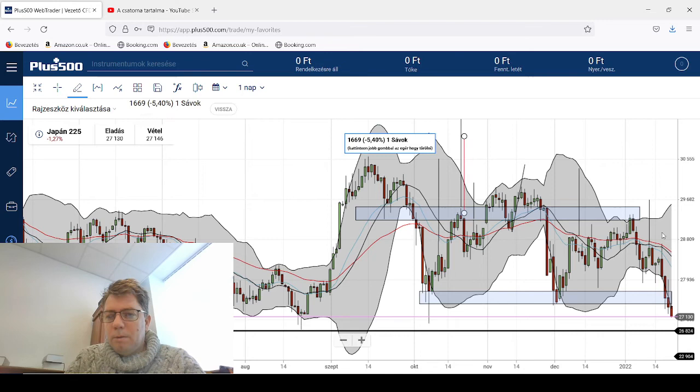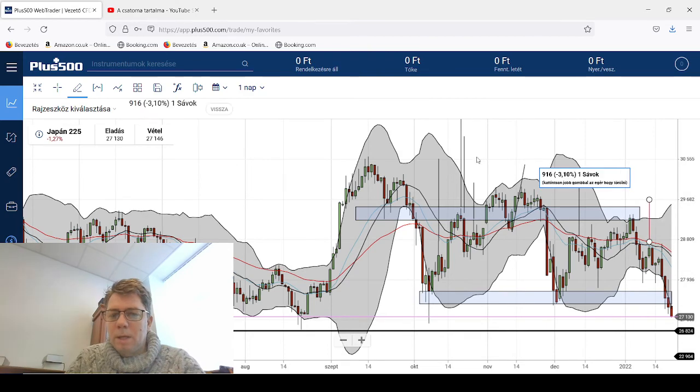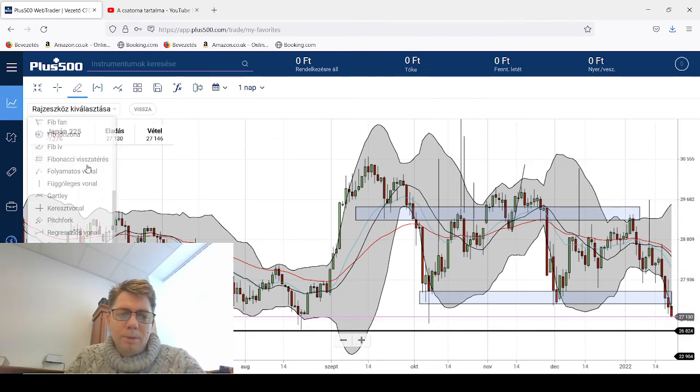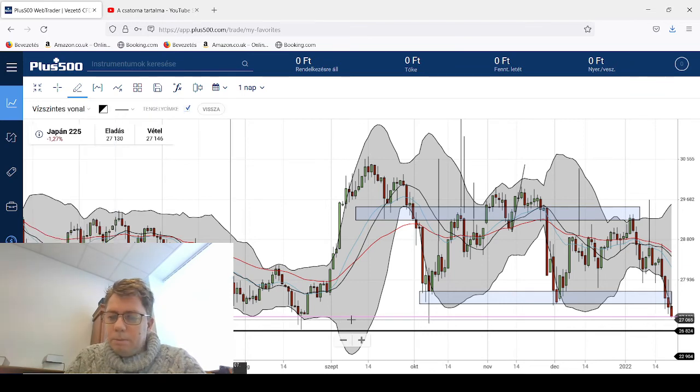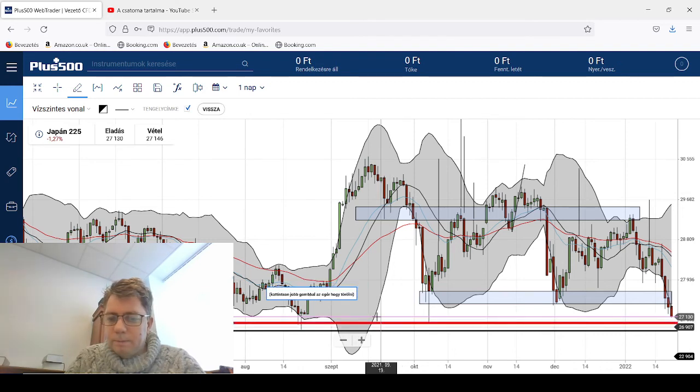This could also be a big falling wedge, suggesting that eventually we will turn around and come back to the top. We will see when that happens. But right now the next target is actually right here, 26,996, so around the 27,000 level.